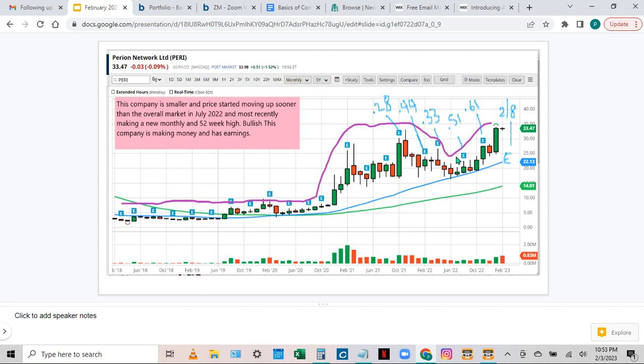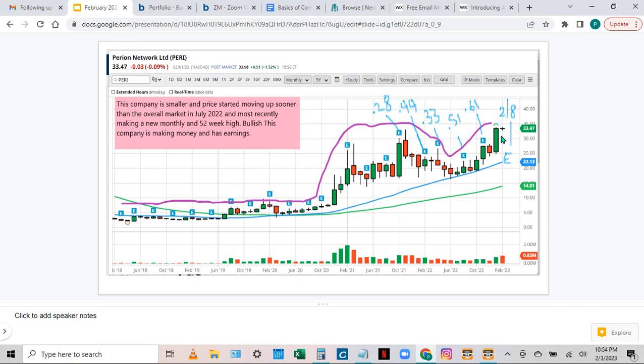But they had 28 cents per share, 44 cents per share. Then it came down to 33 cents per share. And then we have 51 cents per share and 61 cents per share. So we've got growing earnings, not only over the last couple quarters, but versus the previous year.